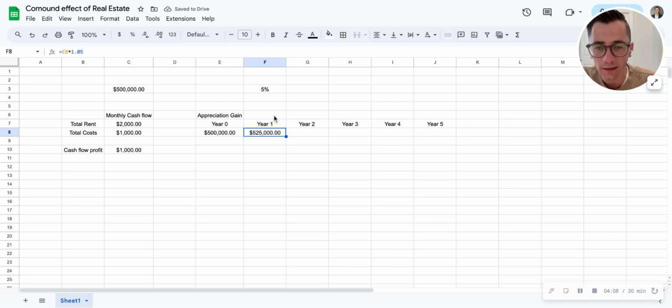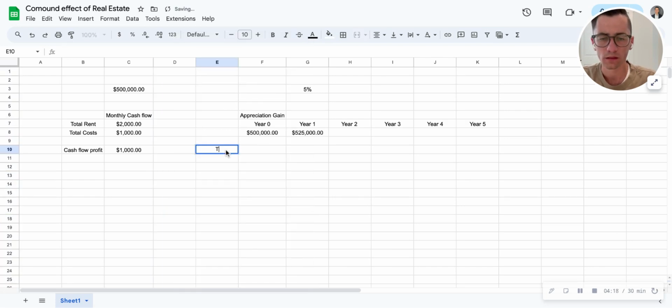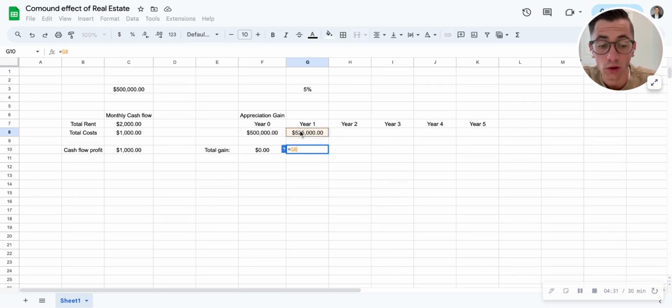Okay, so your net gain, and I'm actually going to write your gain right here. So total gain will show below here. Year 0, you haven't made any money. Year 1, it goes up in value by $25,000. So we take the difference in what you bought it for and what it's worth now.